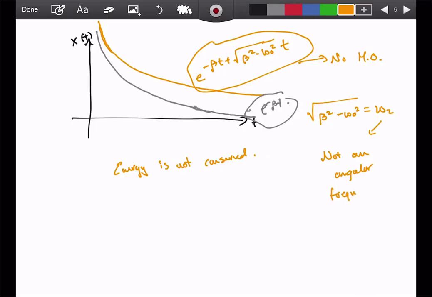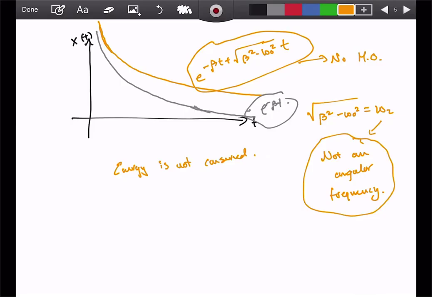Unlike omega 1, which was an angular frequency because we have harmonic oscillation, in this case I only have exponential growth with decrease, so this guy can't be an angular frequency. So these are my different cases.